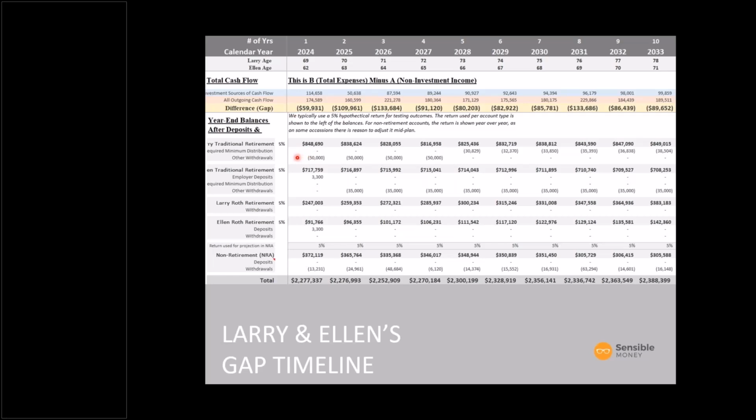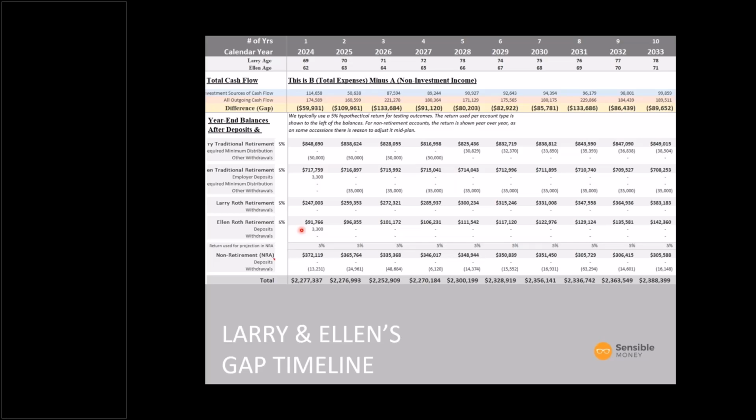We're going to take a $50,000 withdrawal from Larry's retirement account, and we're going to take a $13,000 withdrawal from their non-retirement brokerage account. And you go, well, wait a second, that's more than the $59,000. That's because Ellen is still working this year, and she's estimated to put in just enough to get the company match to her 401k plan, or about $3,300.